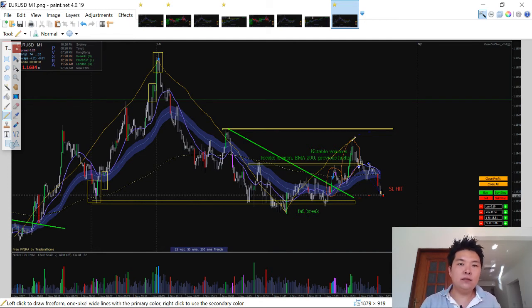So if I were at this point, I wouldn't enter, but at least I can tell you guys that for a long time it was bearish. And now it became a little bit bullish, but this bullish move could be a correction.